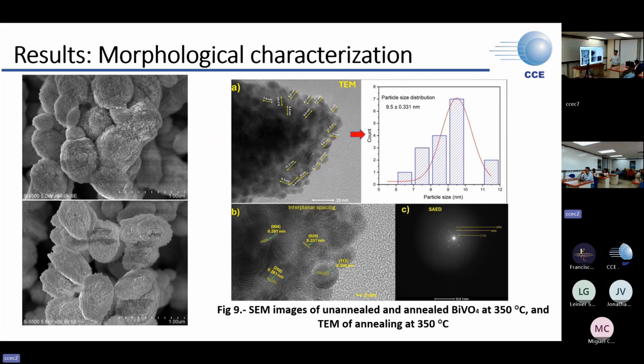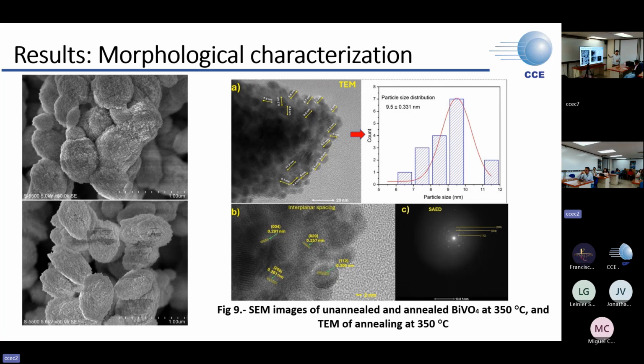These are the morphology, the same as the TEM of the material. This is the as-prepared material, and the material annealed at 350 Celsius degrees. As you can see, not a lot of changes are observed in the morphology. The only thing that we see besides the change in color is a little cracking and removal of the organic content.